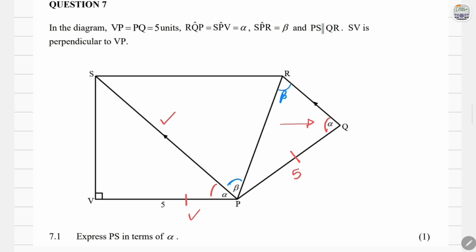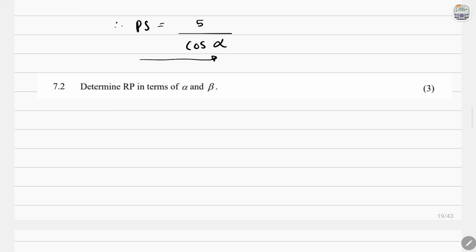And so now we can use it like this. We can take PR, which is what we're looking for, and pair that with alpha, and then take beta and pair it with this available side PQ, which is right opposite beta. So that's how we can find RP.